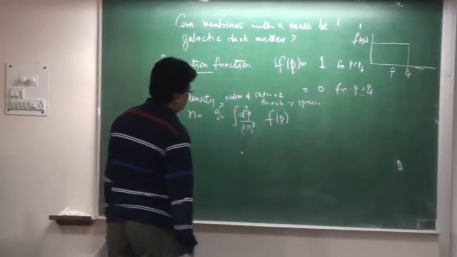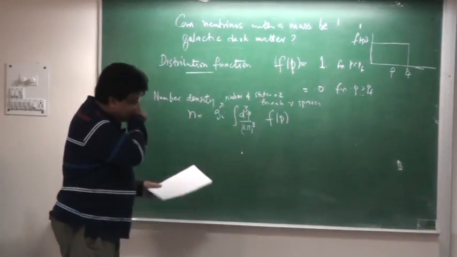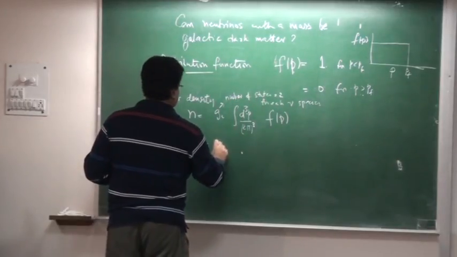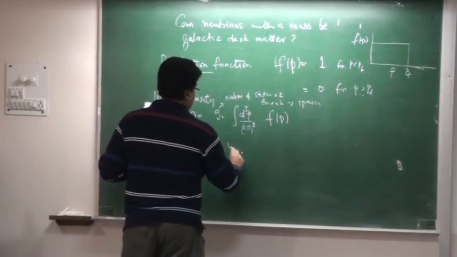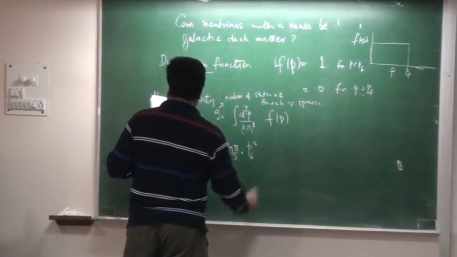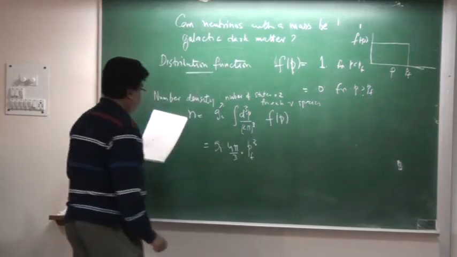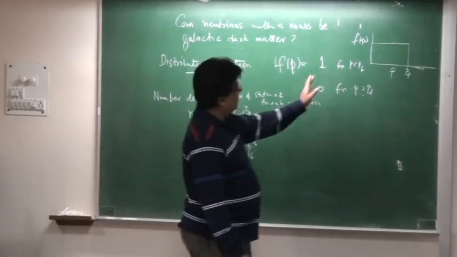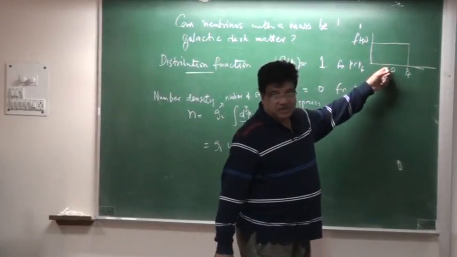This is the distribution function, and if you use that distribution, the number density should be equal to G_i 4 pi by 3 P_F cube, and P_F would be the maximum momentum which is there in this distribution.